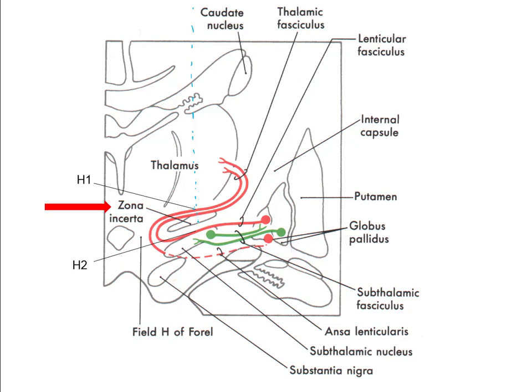I'm here and I'm in zona incerta. I can know what the pattern of activity is in that. I'm here in H2. Now I have just passed into the subthalamic nucleus and that's my target. My electrode is in the right place. So in fact, knowing the physiology of the different components is really important for guiding deep brain stimulation electrode placement. So this is not just sort of abstract, but it's actually in use every day clinically as people are being treated for diseases.